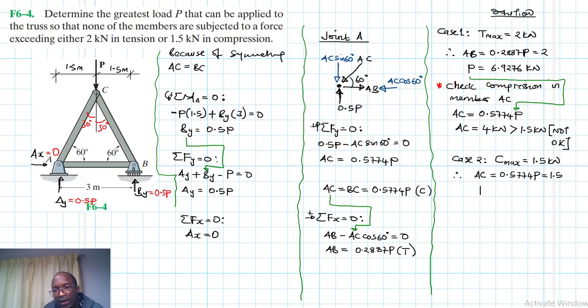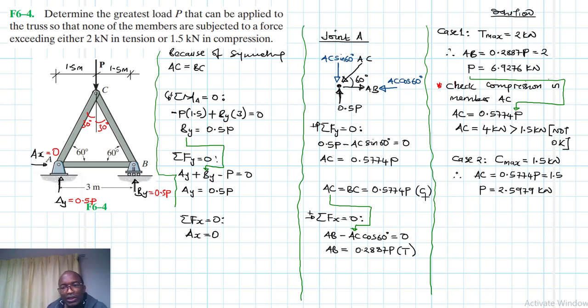And from this we'll find that our P will be equal to 1.5 divided by 0.5774, which gives a P of 2.5979 kilonewtons. But we are not yet done.